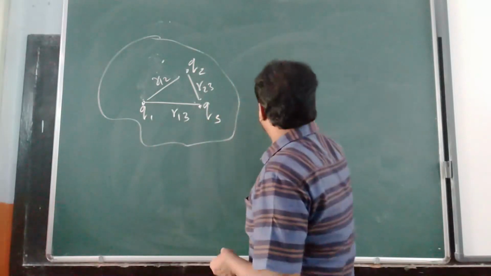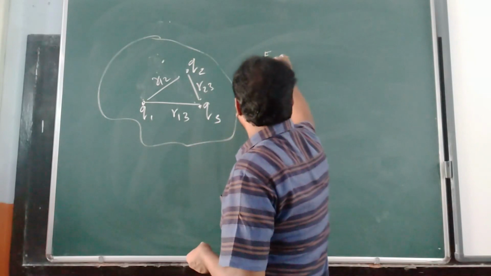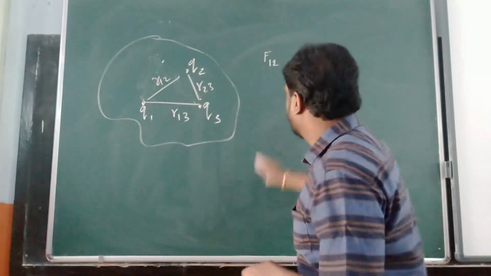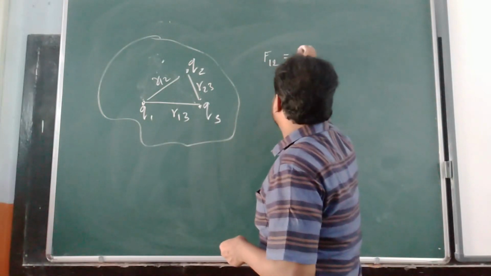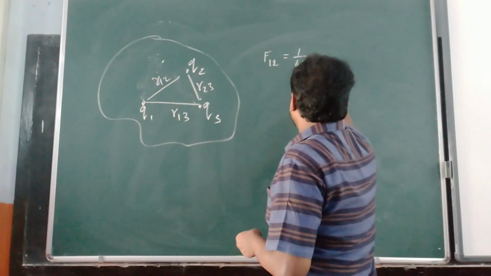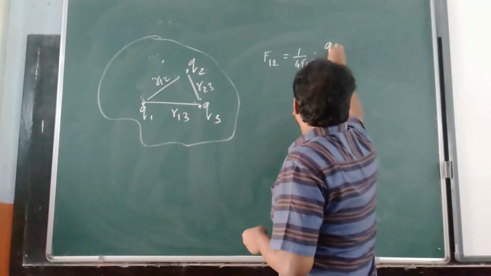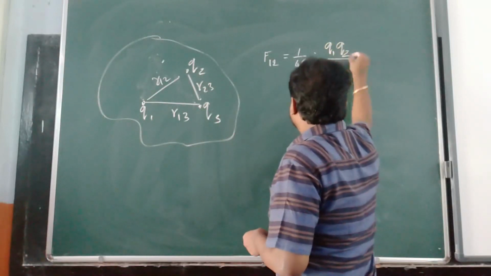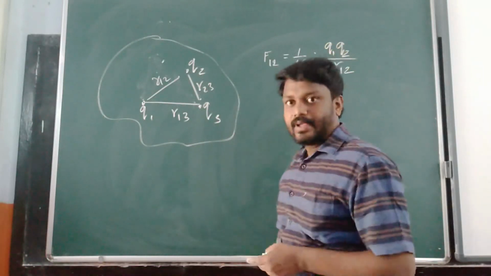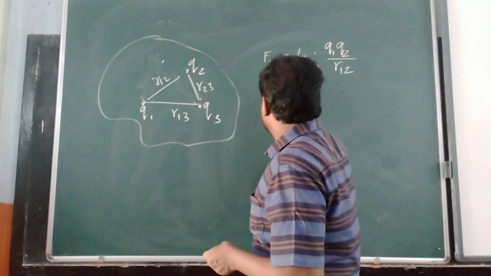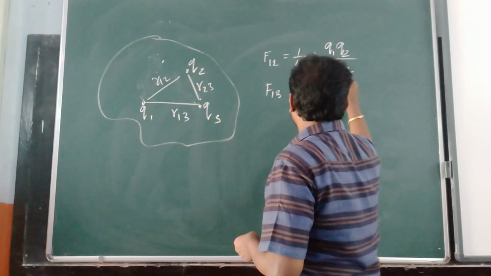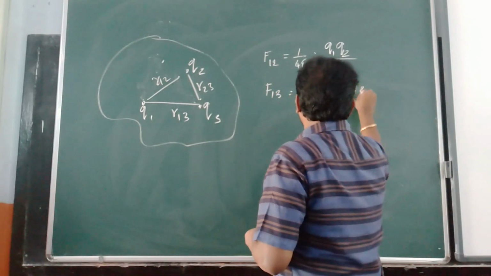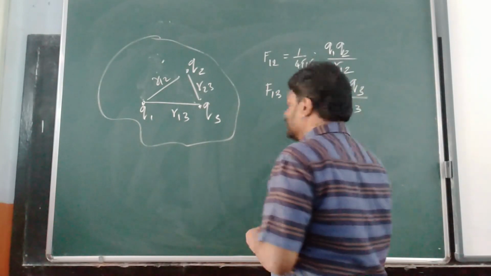So, F12, that is force on the first charge due to the second charge, is 1 by 4 pi epsilon 0 Q1 Q2 divided by R12 squared. F13 is equal to 1 by 4 pi epsilon 0 Q1 Q3 divided by R13 squared.